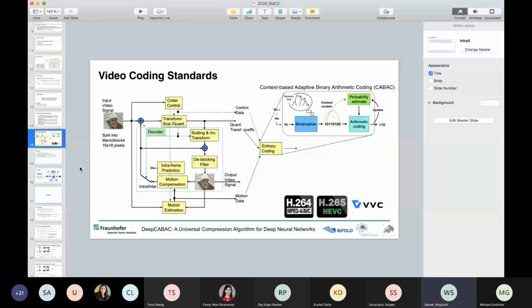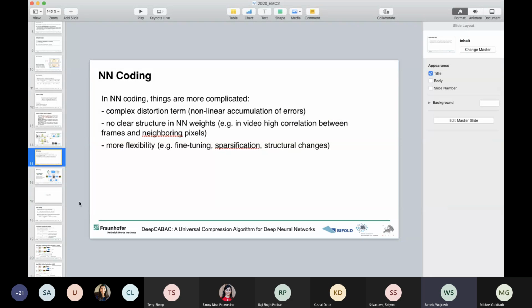But of course, in videos, there is much more, because videos have a certain structure. You have some correlation between pixels. You have correlations over time. So in videos, you use many other tricks to improve the compression, whereas in neural networks, things are a bit more complicated, because also the distortion term is different.